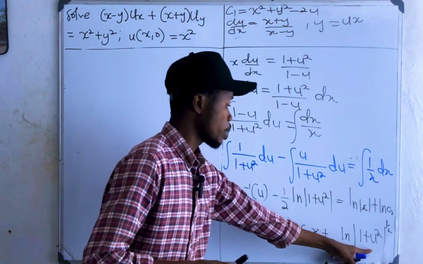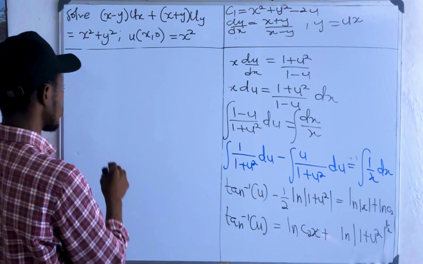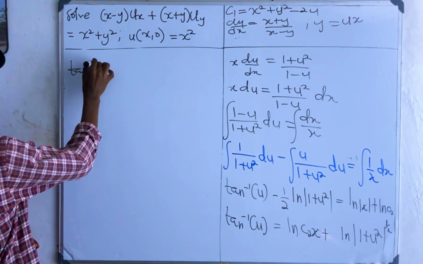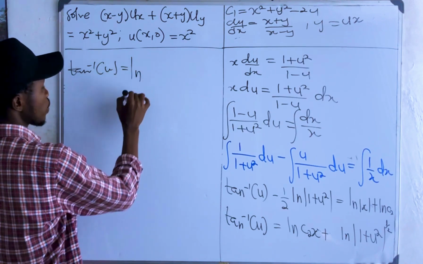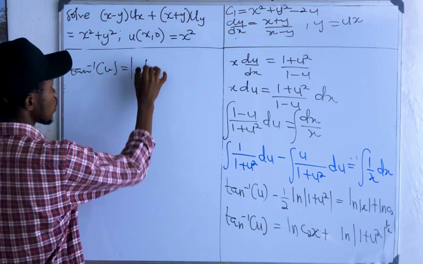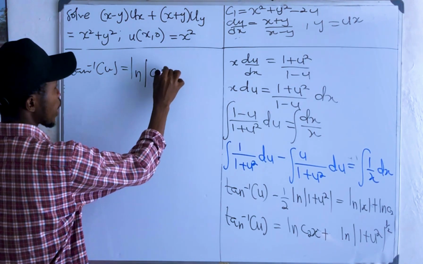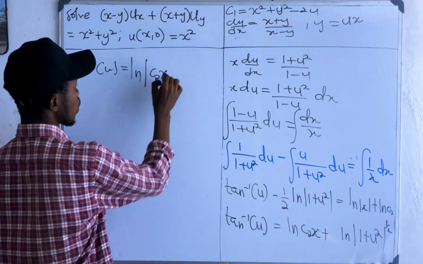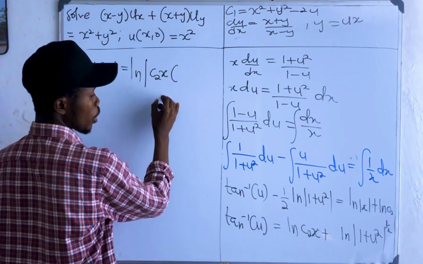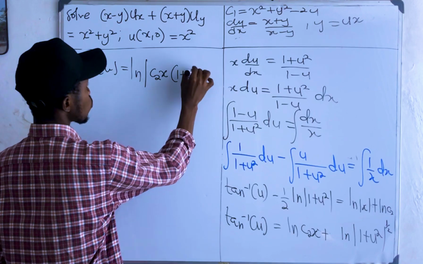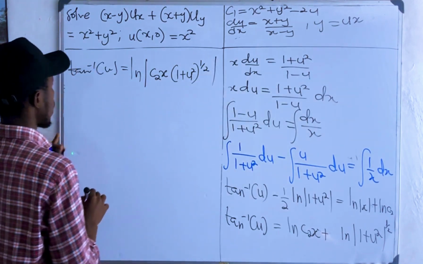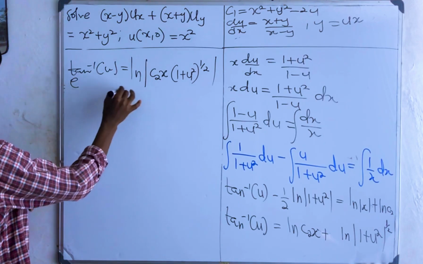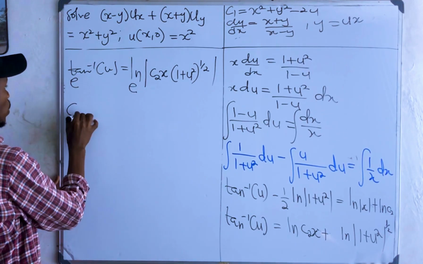After getting this, the next thing to do is, you see this and this, you should multiply them. So let's multiply. We have tan inverse of u equals ln of c2x times (1 plus u squared) to the half. Now you take e on both sides so that it comes like this.